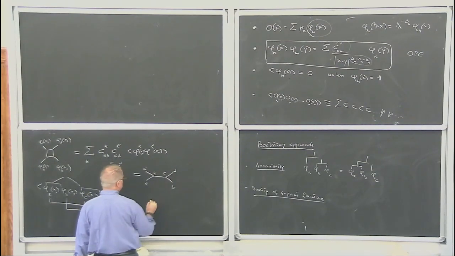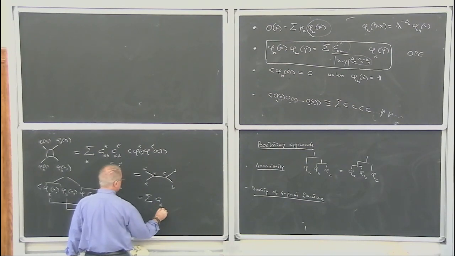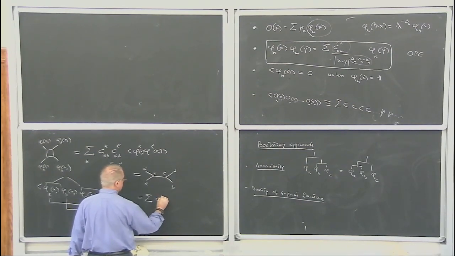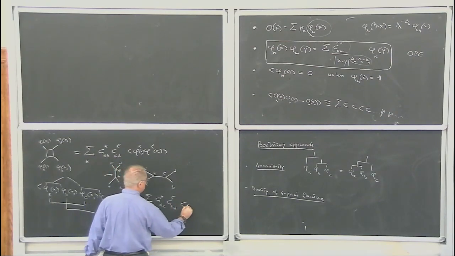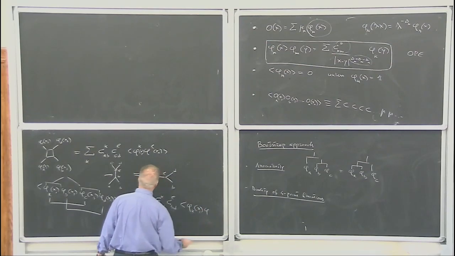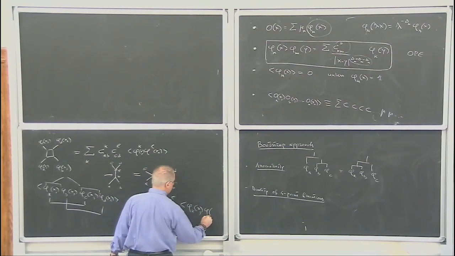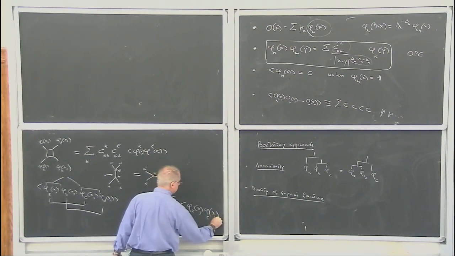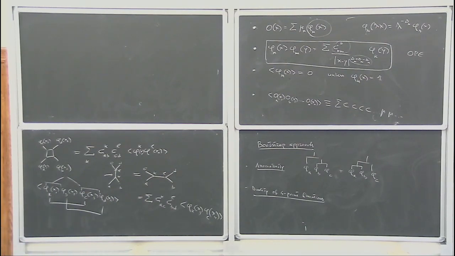So this has to be equal as well. Sum C A C kappa, C B D L, phi kappa, x2, x3, phi L, x4. Okay, clear? It's clear?